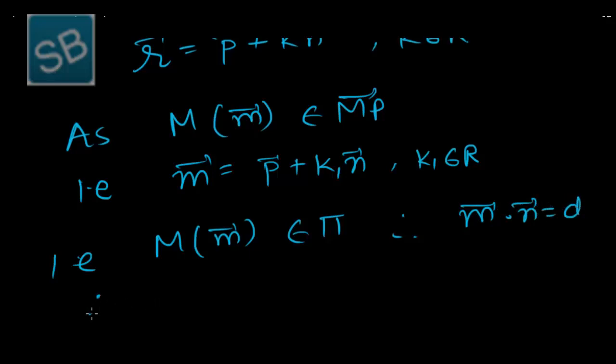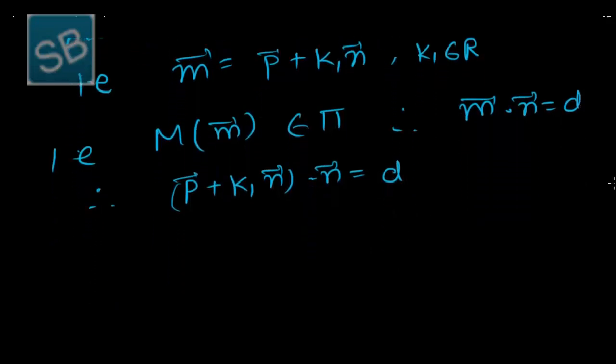So, by substituting here the value of m, it becomes (p plus k1 n) dot vector n is equal to d. It gives p dot n plus k1 n dot n is equal to d.